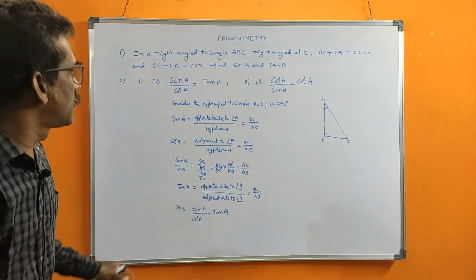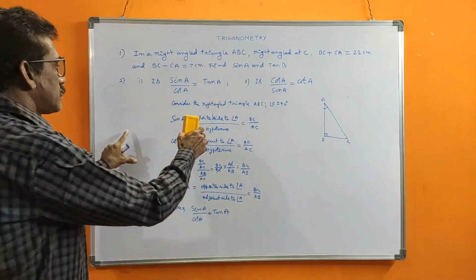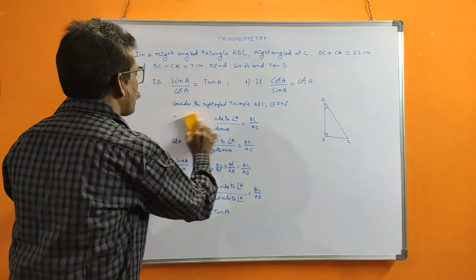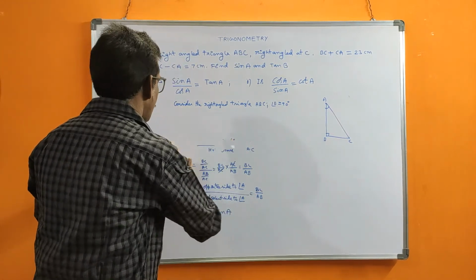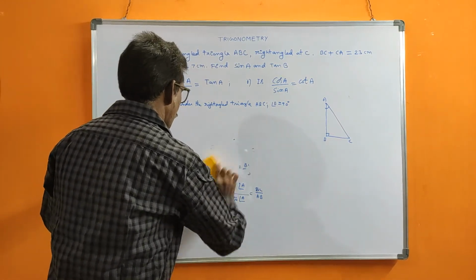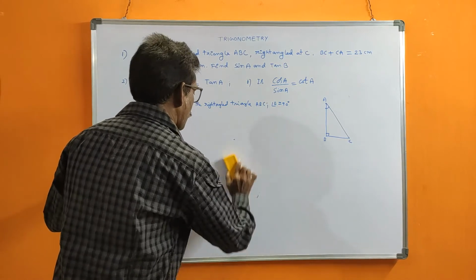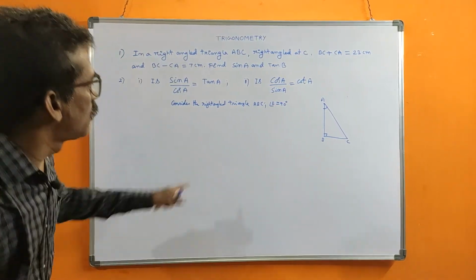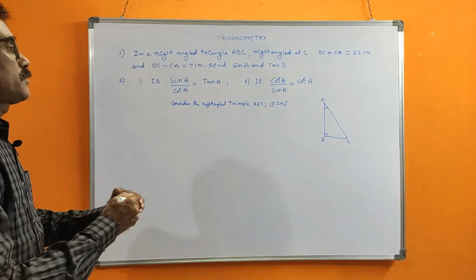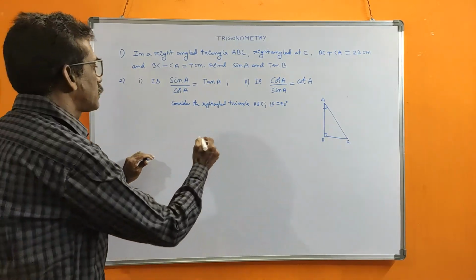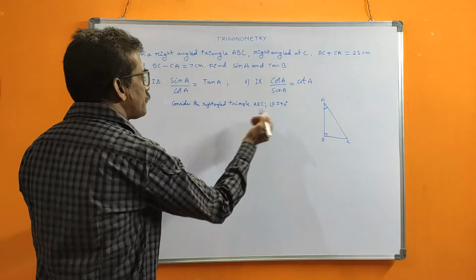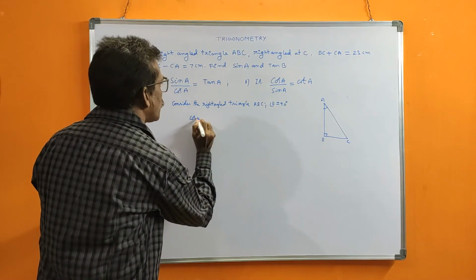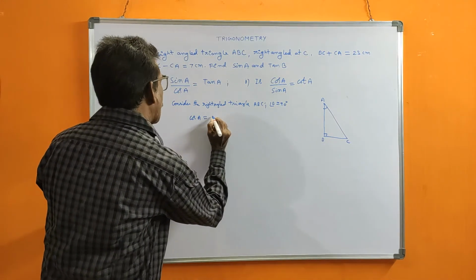Next, in the same manner. For the second one, we should write: is cos A by sin A equal to cot A? Same triangle, same like this only. First you write cos A. Only the formulas will change.